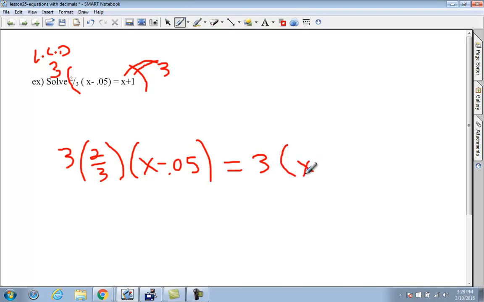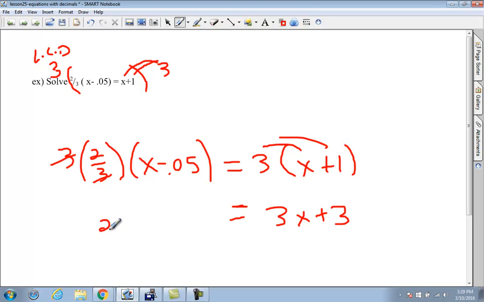I'm just going to write it like 3 times that quantity, x plus 1. Distribute on that side of the playing field, so 3x plus 3. And on this side of the playing field, that was the whole point, was to clear that fraction. So now I'm going to have 2, and then distribute that 2 through the parentheses. Bing, bing.